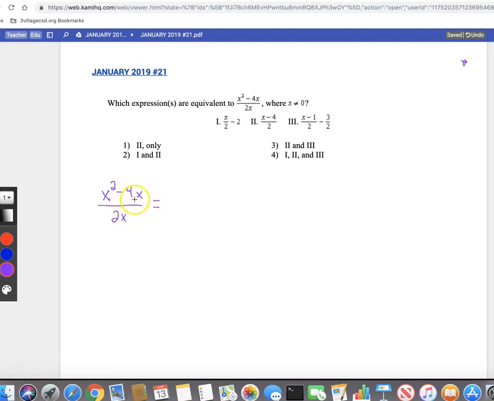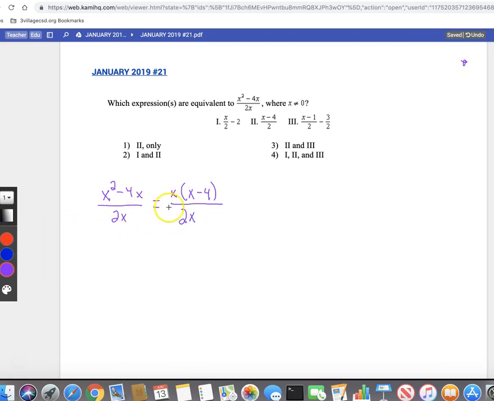To simplify this, we can try to factor the numerator and denominator. In the numerator, we can factor out a GCF of x, and when we do that, we have x minus 4 left over. This is still all over 2x, and in 2x there's nothing to factor.